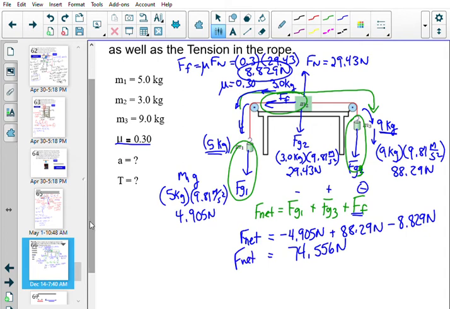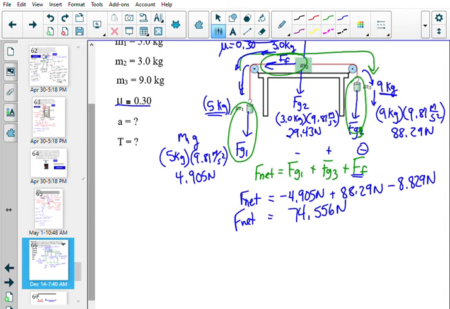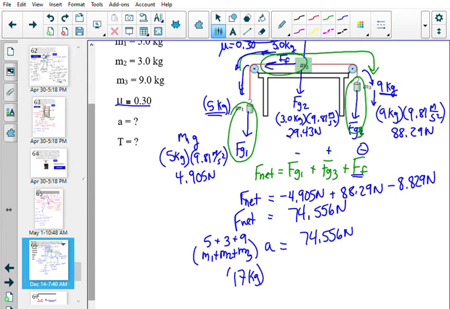To get the acceleration, we know the F net is the total mass, all three masses, times the acceleration. So you have a mass of 5, a mass of 3, and a mass of 9 that you're adding together. So that gives 17 kilograms times the acceleration gives 74.556 newtons.